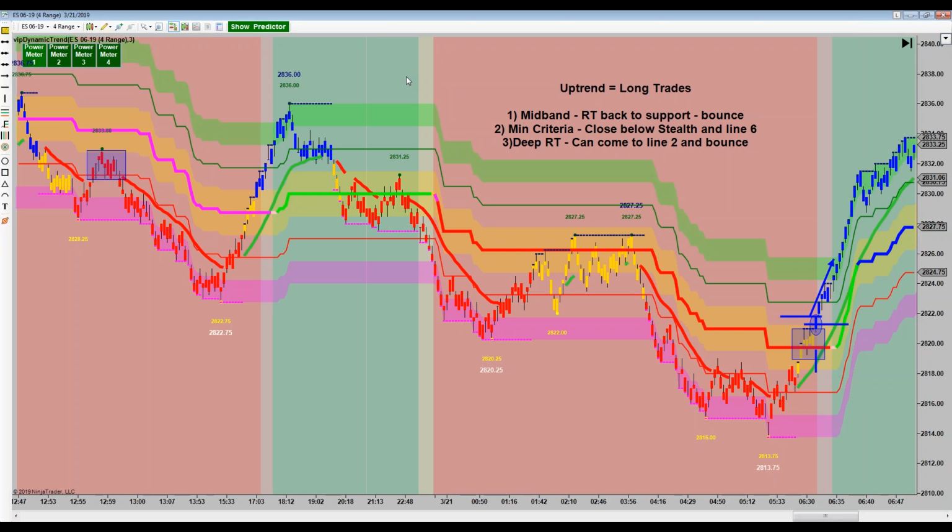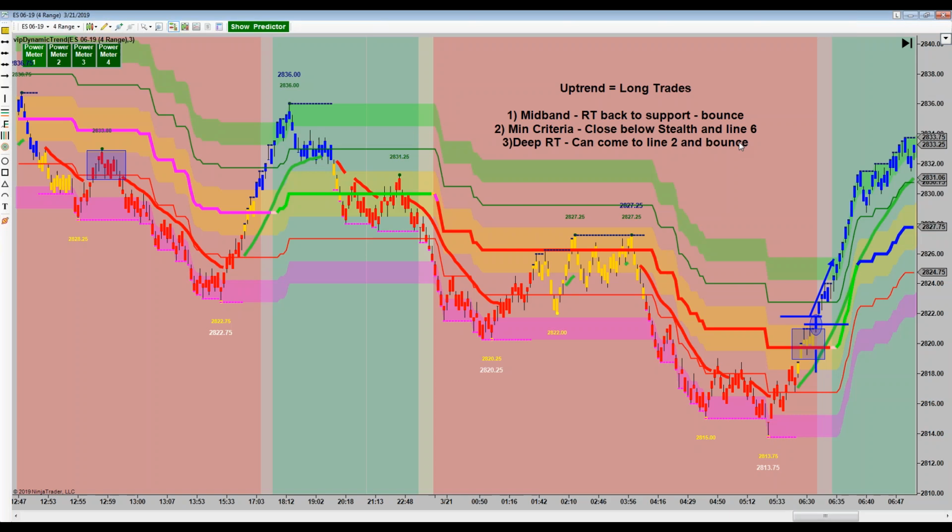Well, there's more to it. So notice how on each one of these, we say midband, it comes to the midband on retracement to support and what? What's that B word mean? Deep retracement. It'll come all the way to line 2 and what?